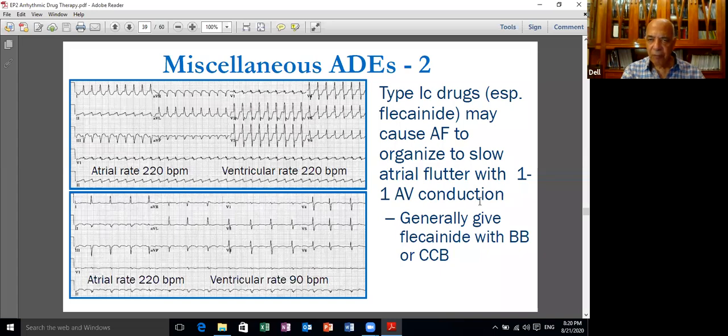If you give flecainide or propafenone to patients with atrial fibrillation, it organizes the atrial activity and changes it into atrial flutter. And if the AV conduction is normal, then you get atrial flutter with one-to-one conduction. Remember, these are class 1 antiarrhythmic drugs, so they widen the QRS complex. So you end up with wide QRS tachycardia.